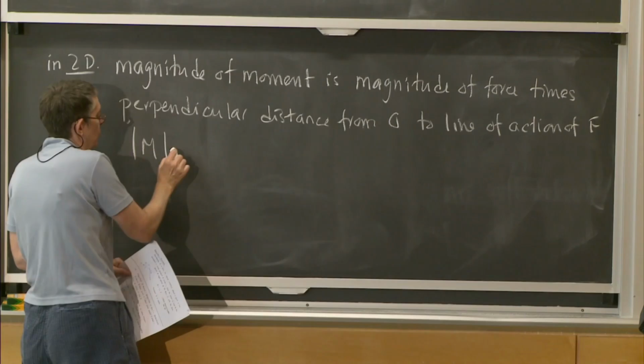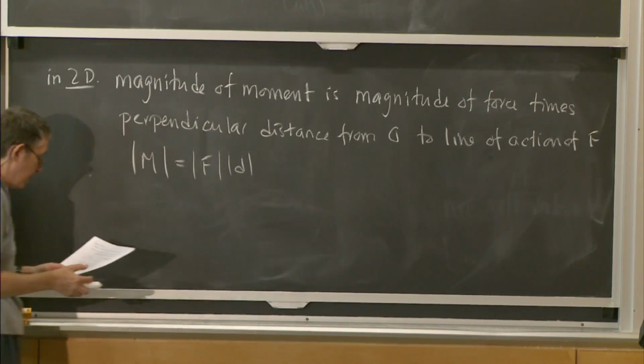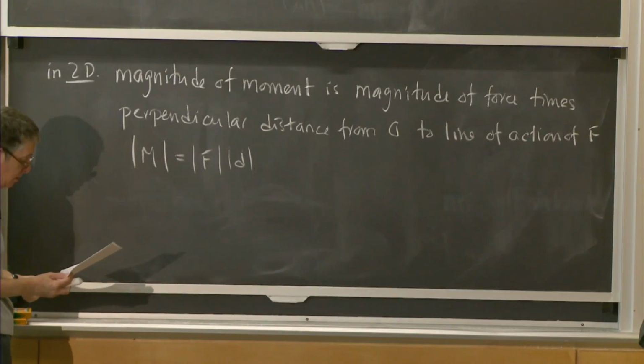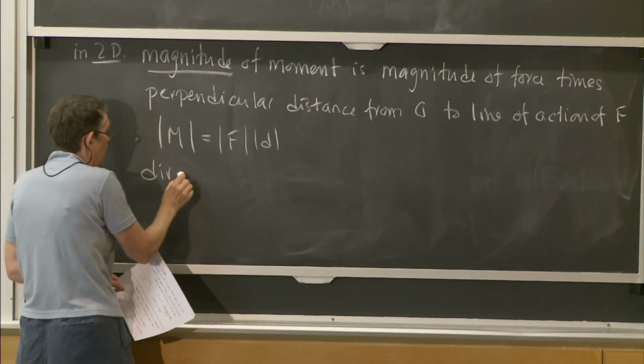So we can say the magnitude of M is just the magnitude of F multiplied by that distance d. And the direction is given by the right-hand rule.